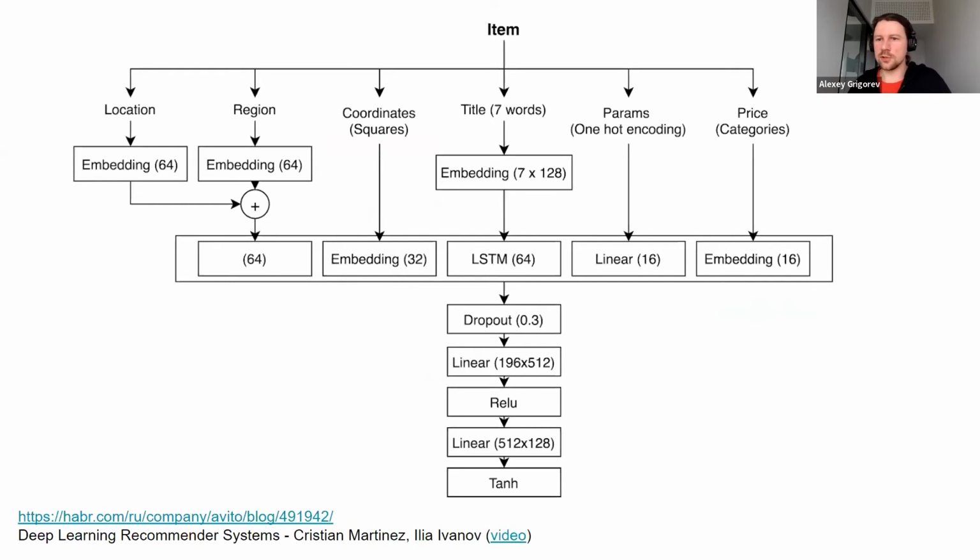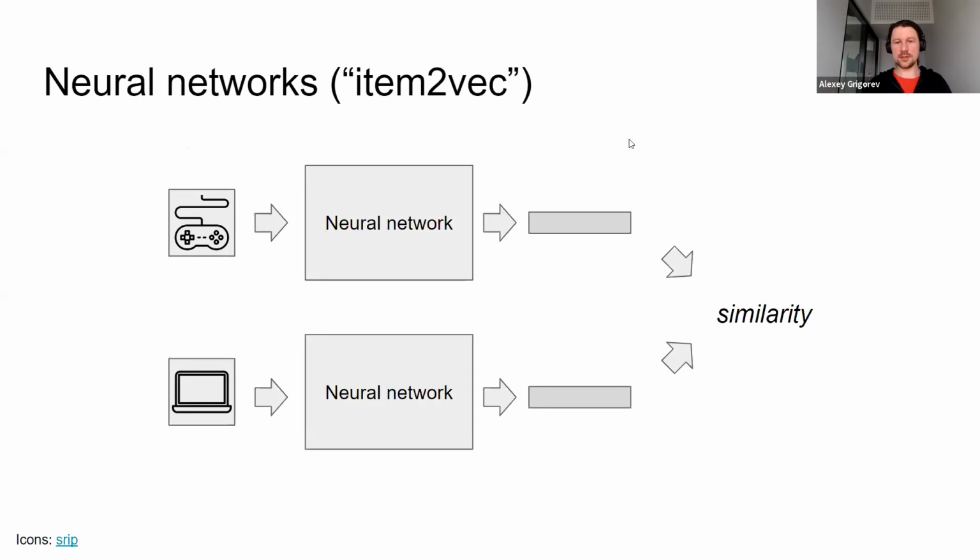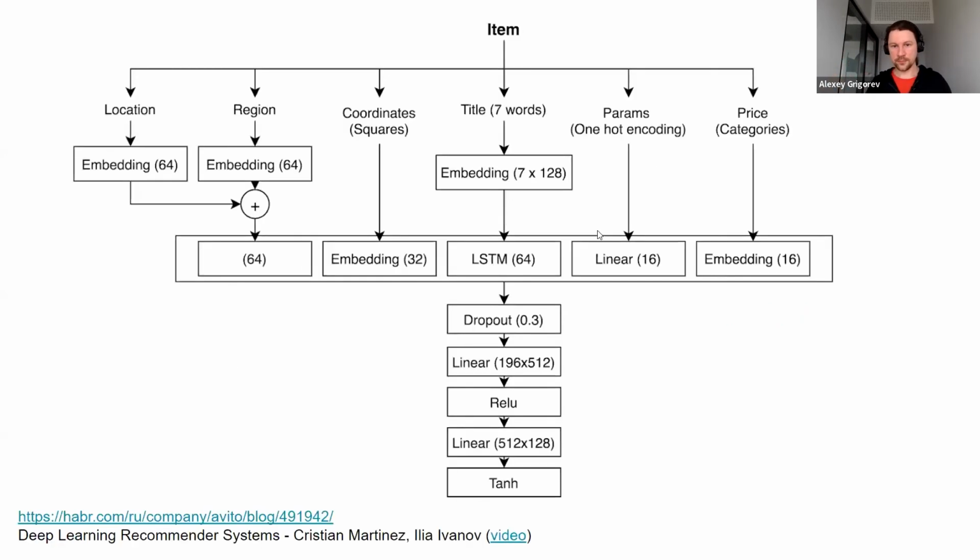This is just a neural network. I don't want to go into details of what it is exactly doing, but as a high-level overview, it gets an item, and then it produces a vector like this, an array with 16 numbers. And this works better than the collaborative filtering approach. If you want to find out more about this, there are two links here.